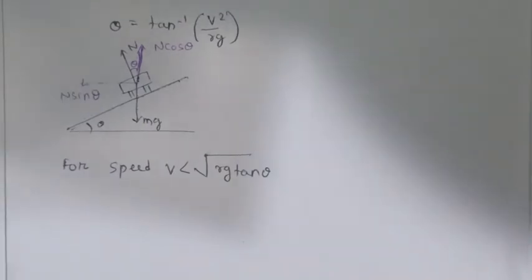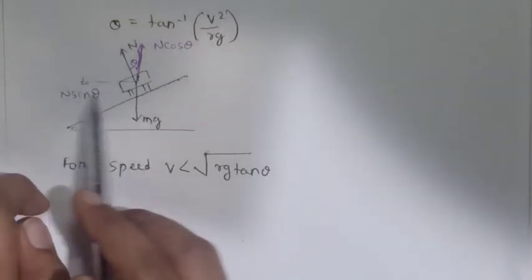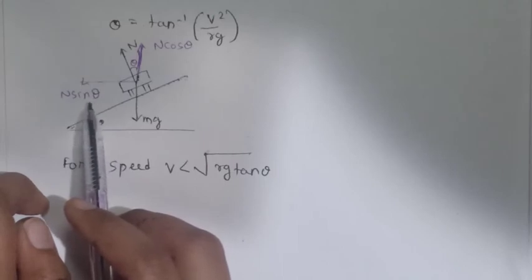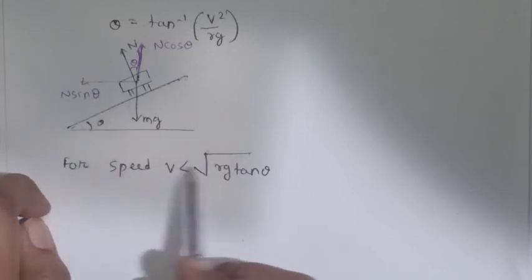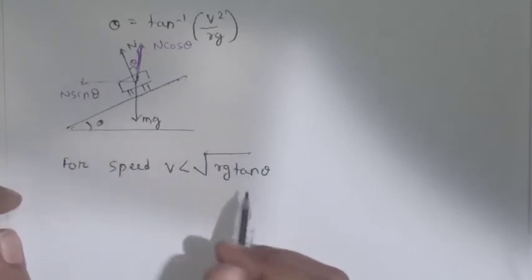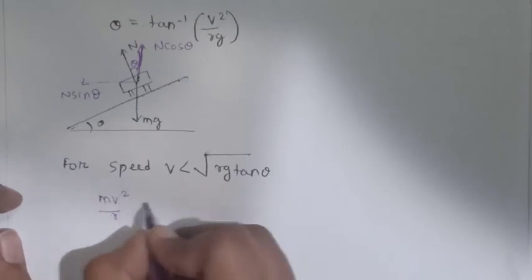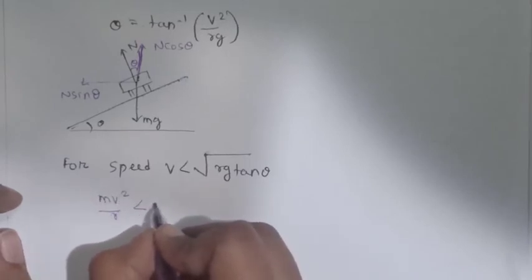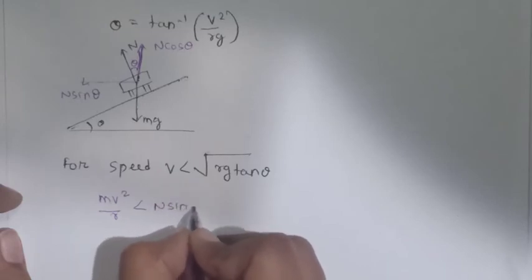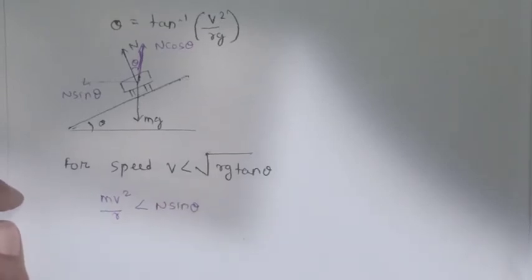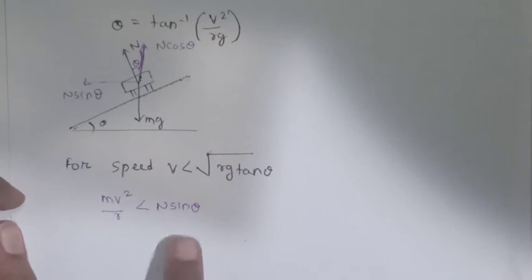As we have discussed, in the banked road, instead of frictional force, normal force will provide the centripetal force. As we are considering speed less than this, what does it mean? The centripetal force will be less than the horizontal component of normal.